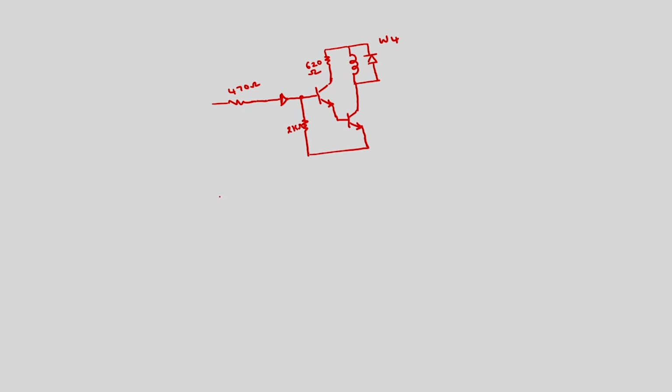Similarly, we will have correspondingly W3, W2, W1. This is one of the configurations that I have discussed to increase the current capacity.